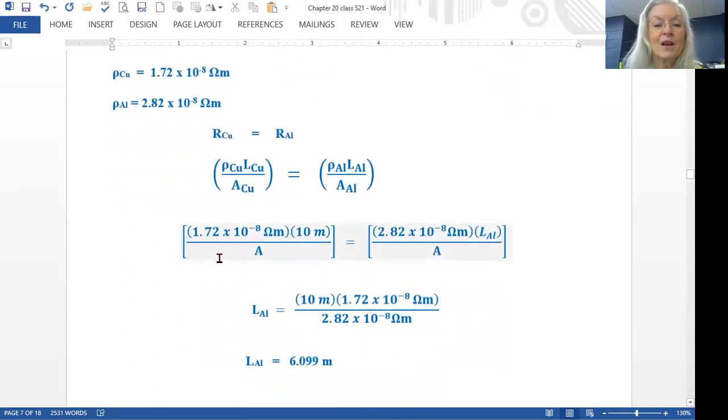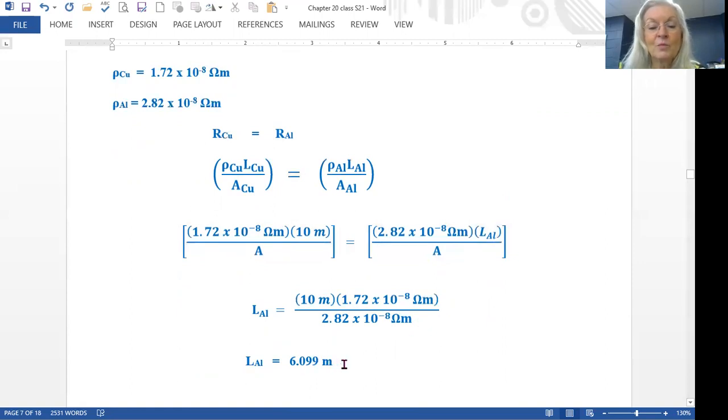All right, so because we don't know A, but it's on both sides, if we multiply both sides by A, the A's disappear. And that leaves us 10 times the 1.72 times 10 to the minus 8 ohm meters on the left side. And we've got this 2.8 times 10 to the minus 8 ohm meters on the right. We're going to divide both sides by that. That'll put it in the denominator and leave us with only the length of the aluminum.